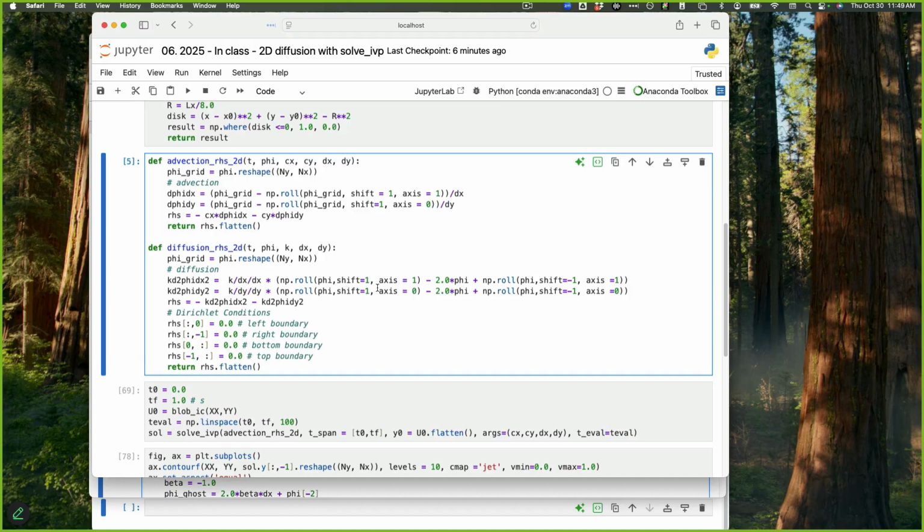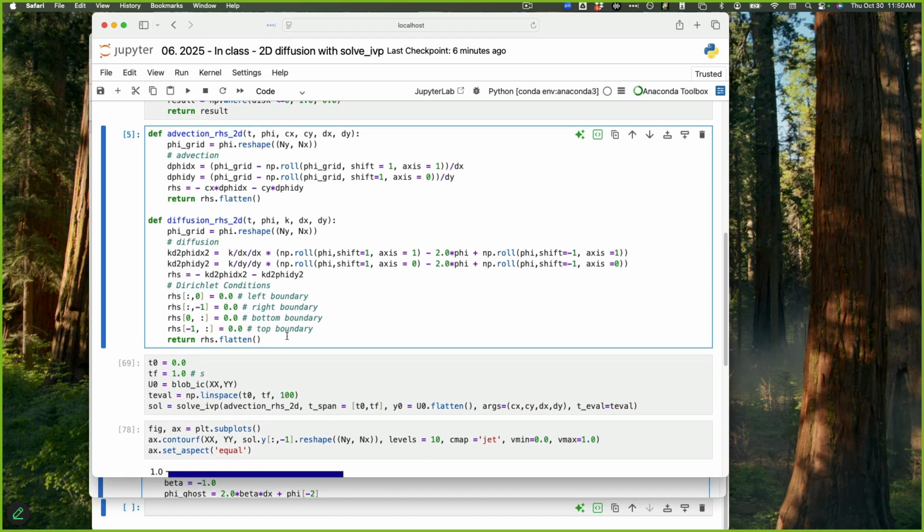As long as you have shift 1 and shift minus 1, you're going to be good. But shift plus 1 is the phi i minus 1. I know it's kind of weird, but because you're moving everything to the right, the last value becomes the first value. That's as if you're differentiating to the left, with periodic conditions.